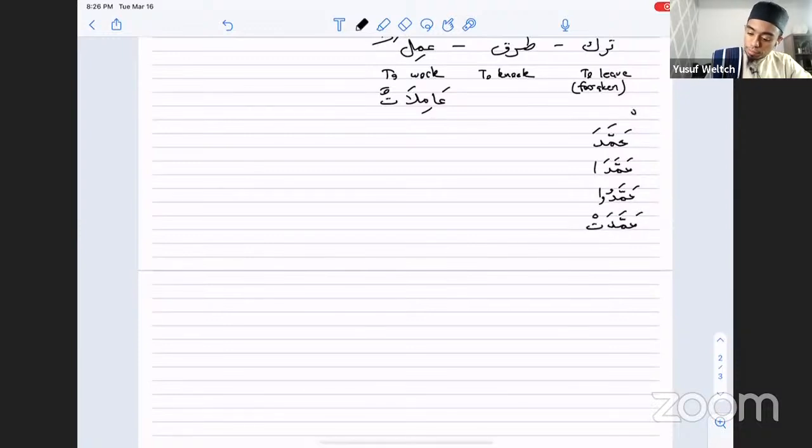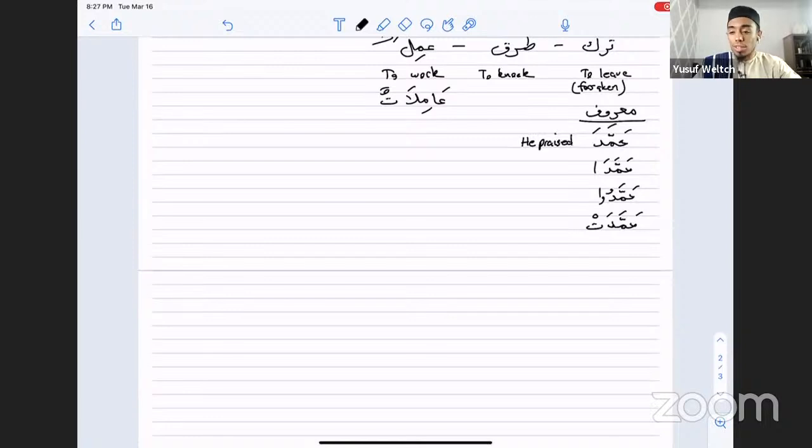These are all ma'ruf, they're active, meaning the doer is known. So how would you translate hammada? If the root letters ha, mim, dal mean to praise, how would you translate hammada? He praised. Obviously, a verb like this would need an object if you wanted to make a proper sentence. He praised would be something or someone.